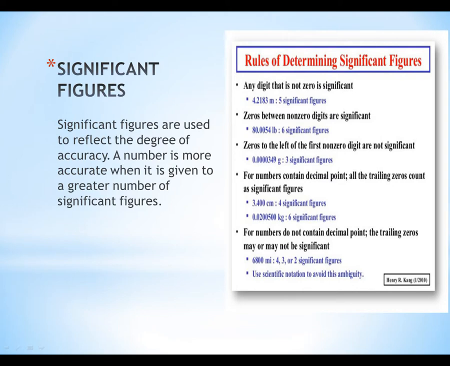Actually, why do we use estimation, why do we use approximation, why do we use significant figures? Actually, in many situations the exact value is not necessary for us. For example, I also give the example of the population of Pakistan. If we see the population of Pakistan is 22 crore, it doesn't mean that it is exactly 22 crore.